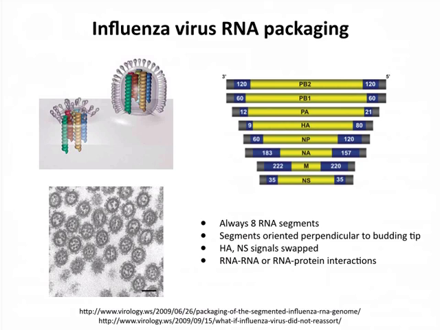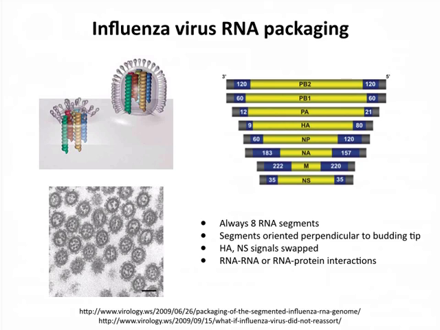And if you fool around with these, if you take them out of any particular segment, it doesn't get incorporated into the virus particle. Okay? In particular, what was done not too long ago, the packaging signals of the HA and the NS gene were swapped, and it works on different segments. So you can get HA packaged with an NS signal and so forth.